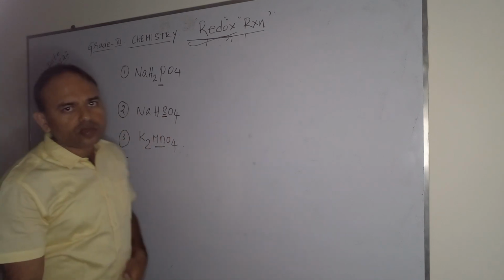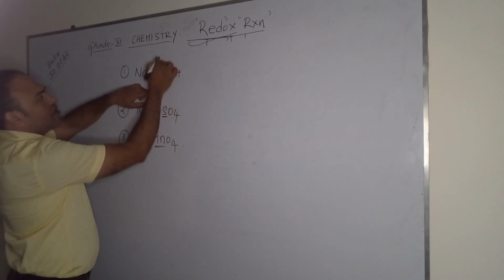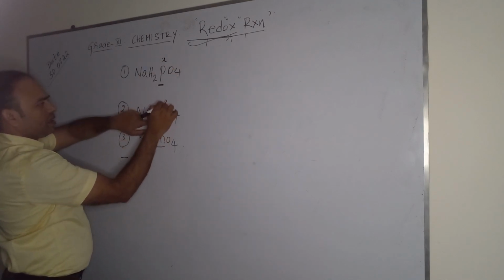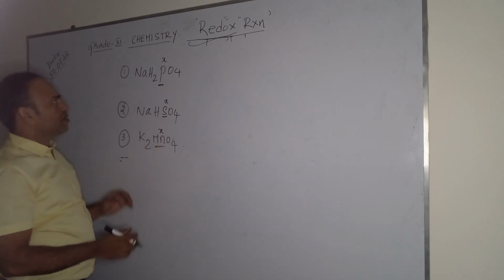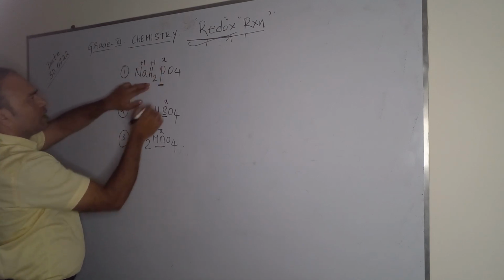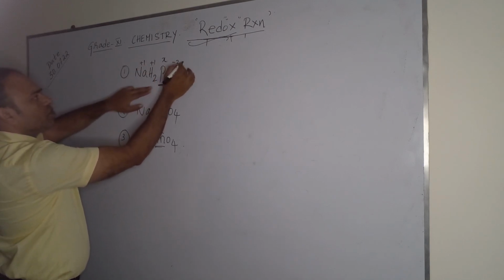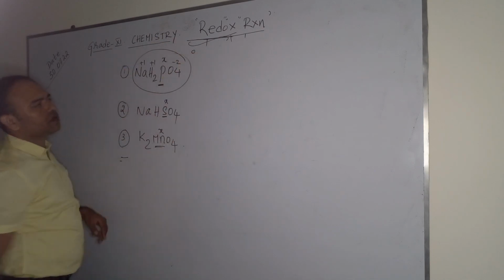Now what is the first rule? The first rule says that the oxidation state of whichever element you have to find, keep it as X. So I will keep it as X. Next, with the rules, you know, sodium plus 1, hydrogen plus 1 and O minus 2, and the algebraic sum will be equal to 0.